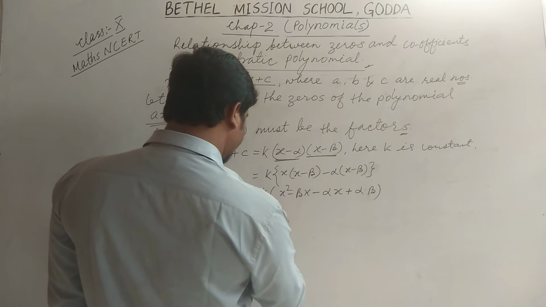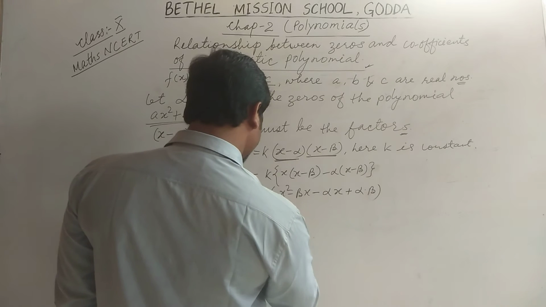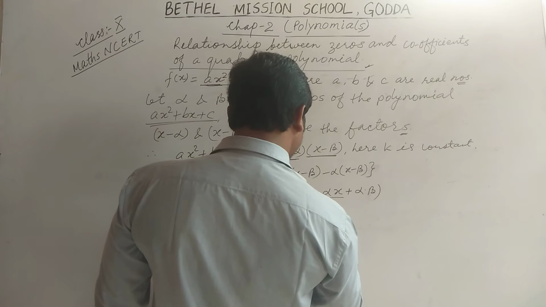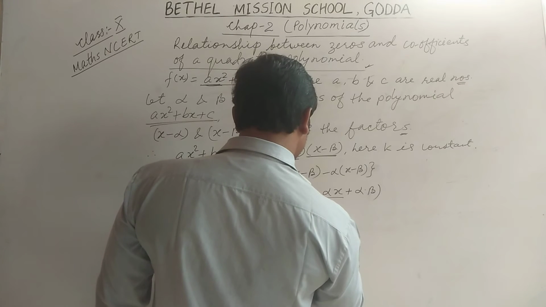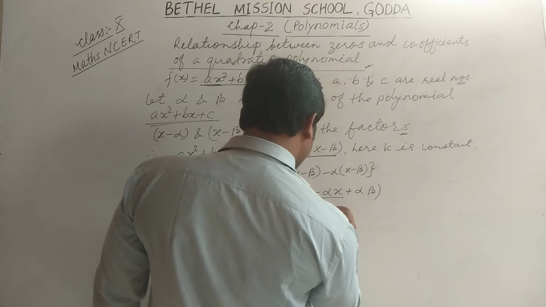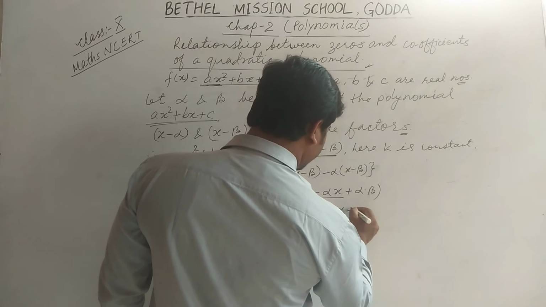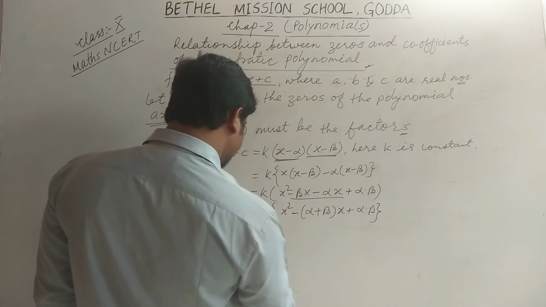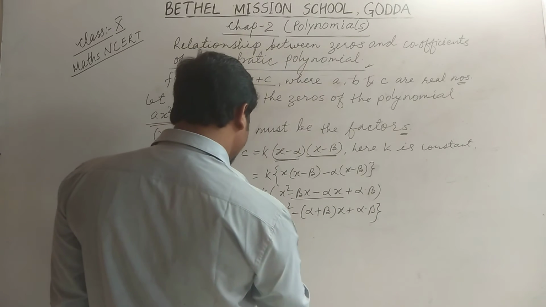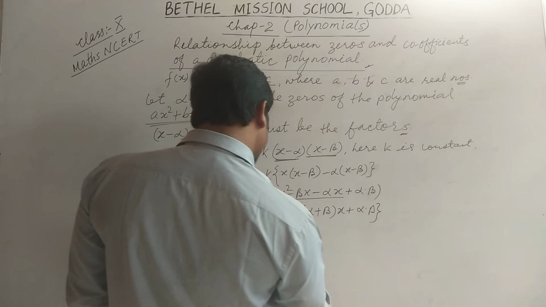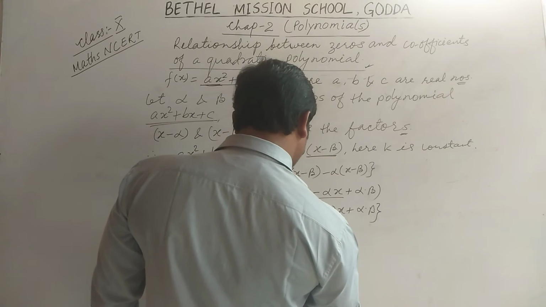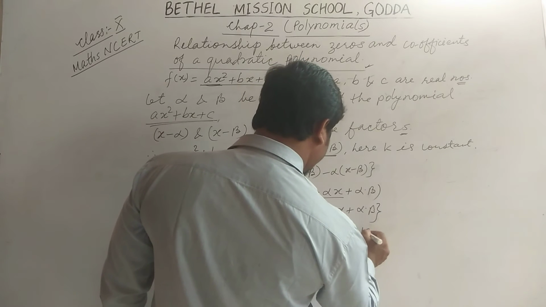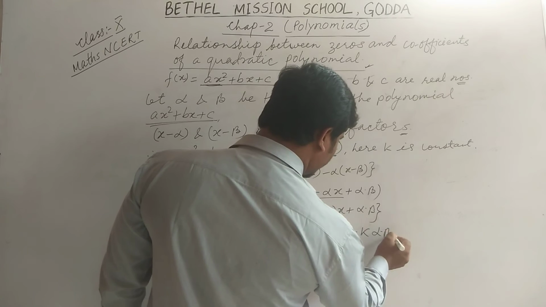Then k into x square, from these two we can take x common, minus alpha plus beta, x common, plus alpha into beta. Then when you multiply with k, what are you getting? kx square minus k into alpha plus beta x plus k alpha into beta.